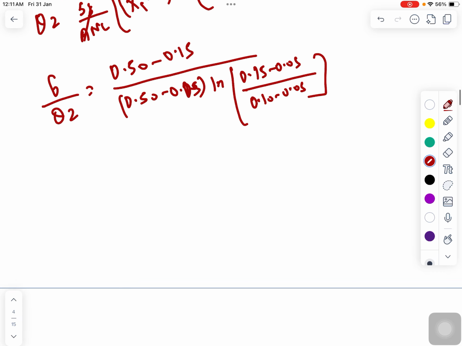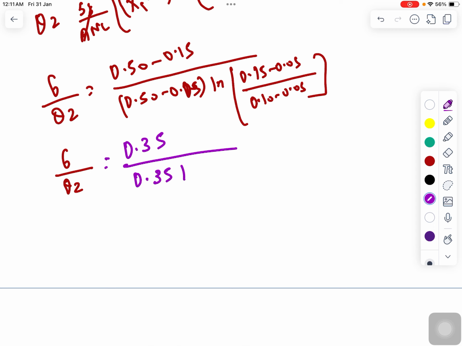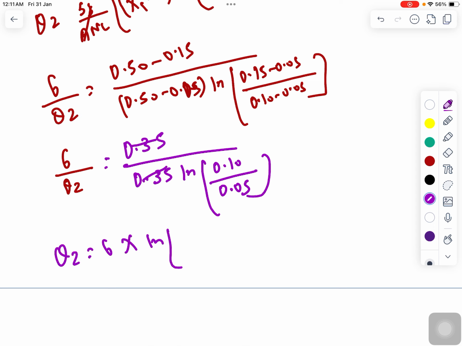Is that clear? So directly you can get 6 divided by theta 2 equal to 0.35 divided by 0.35 ln 0.10 divided by 0.05. This will get cancelled out. So finally you will get theta 2 is equal to 6 multiplied with ln 2.